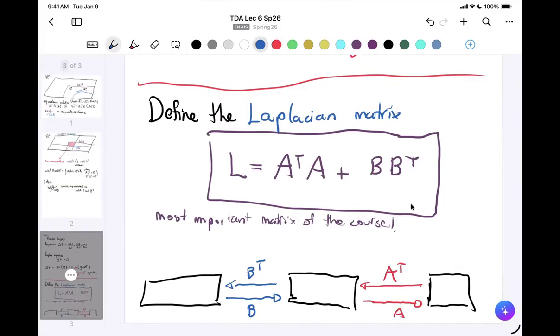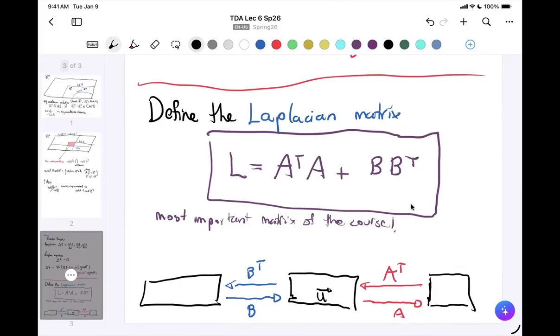So if you start with the vector u, the way to think about it is that you want to take this vector on a round trip.